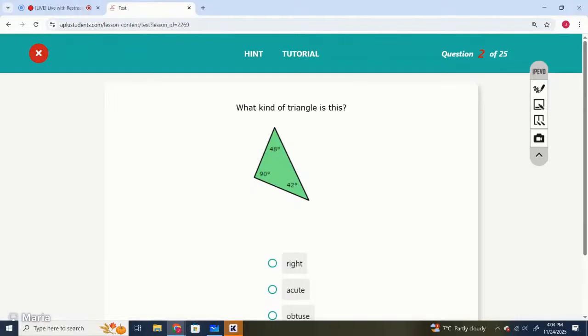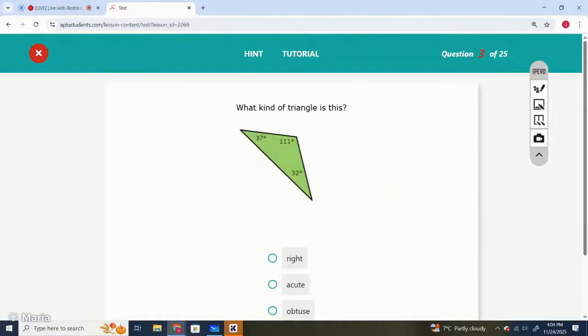What kind of triangle is this? Right triangle it is, because one of the angles measures exactly 90 degrees.